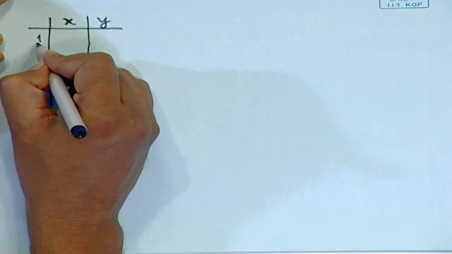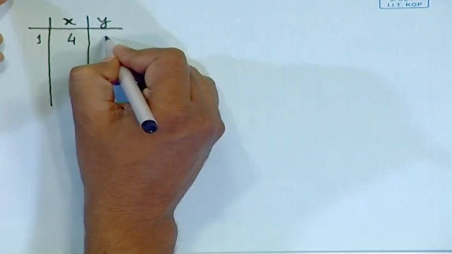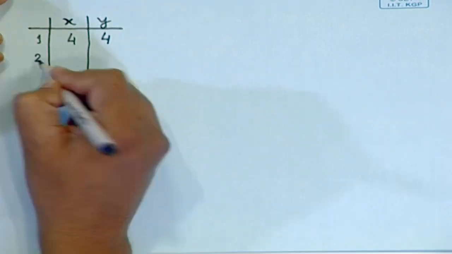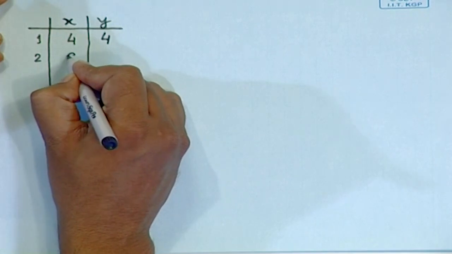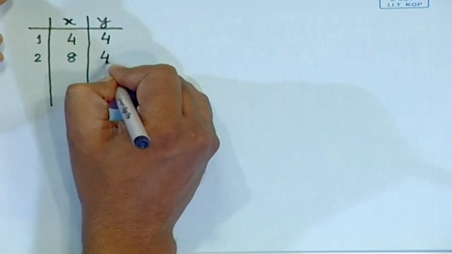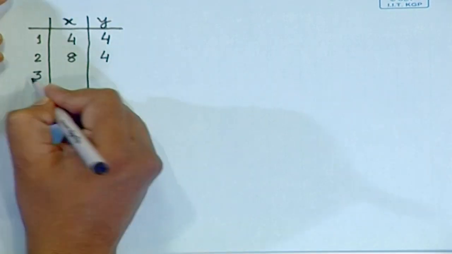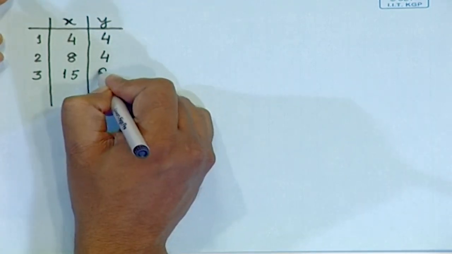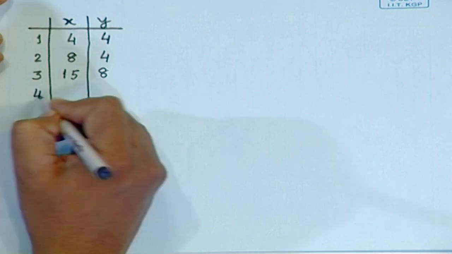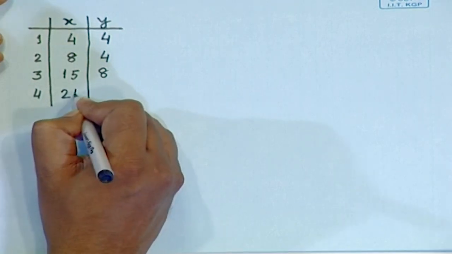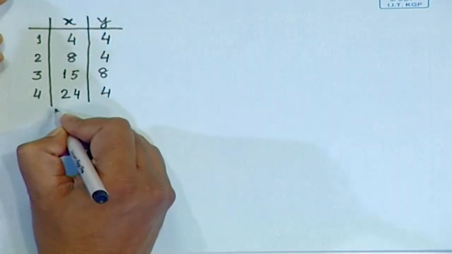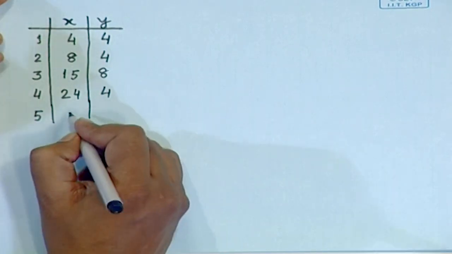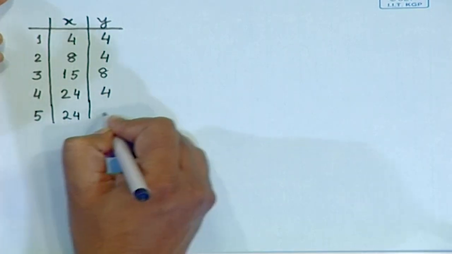The first feature vector, suppose it is 4 4, the second is 8 4, the third is 15 8, the fourth maybe 24 4, and the fifth I take as 24 12.